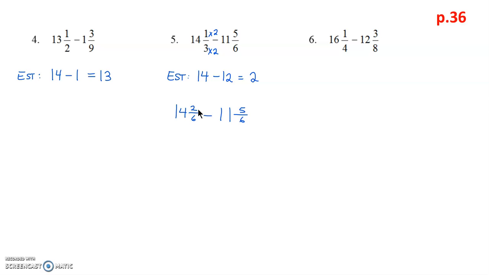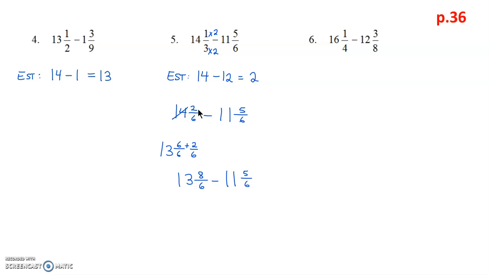We can see now that 2 minus 5 is not possible, so we're going to borrow. 14 becomes 13 6/6 plus the 2/6. We have to remember that step. That gives us 13 8/6 minus 11 5/6.